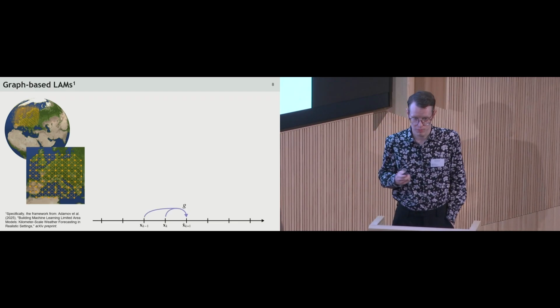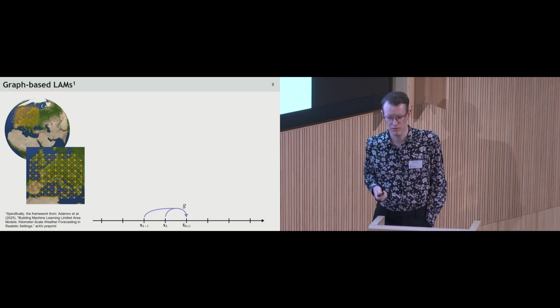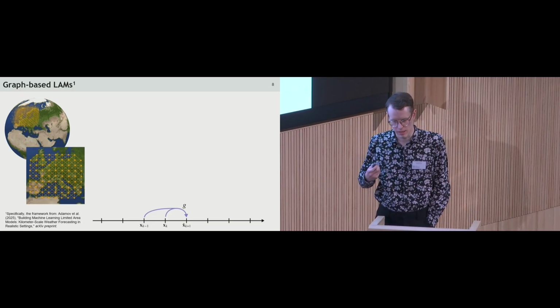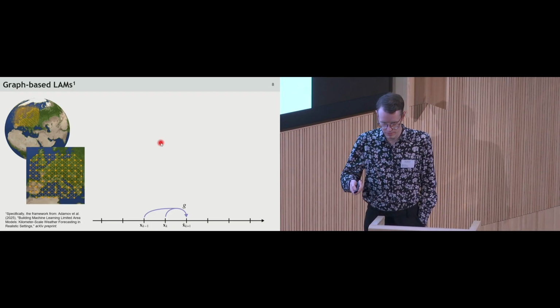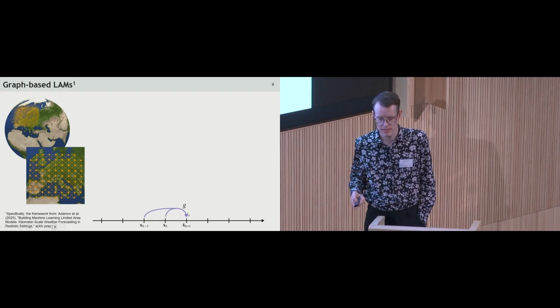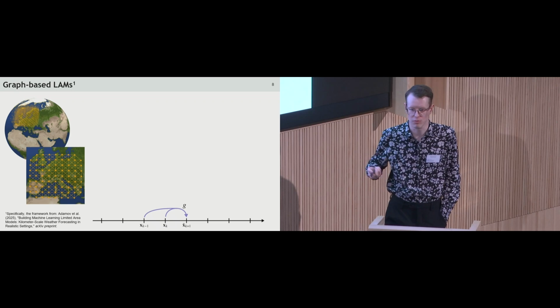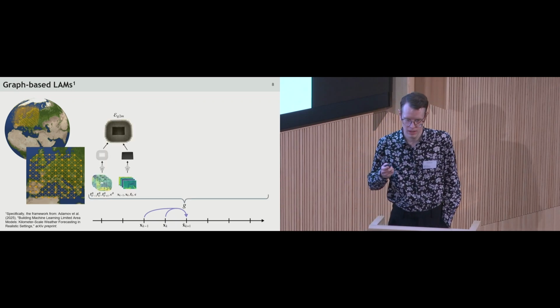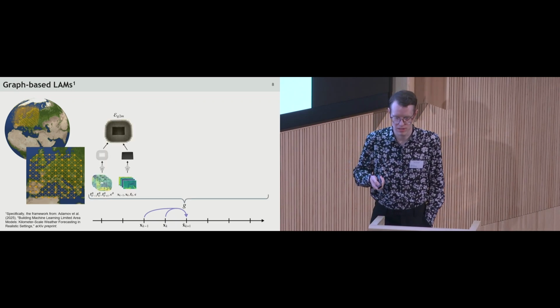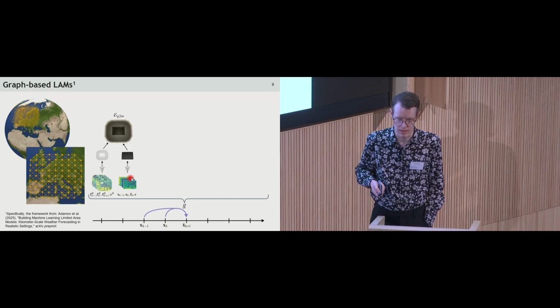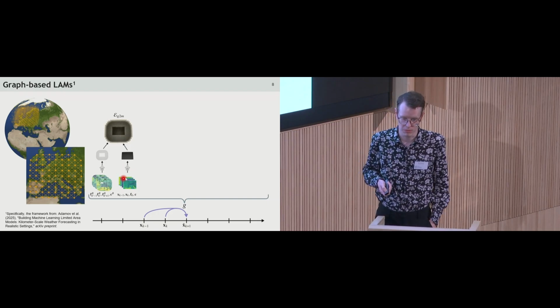So to perform a forecast for such a graph-based limited area model, we are learning this function G, mapping from 2 previous time steps to the next. And this consists of this encode, process, decode setup. So what we need to do here is that we don't just need to encode our initial conditions from within the region, but also this kind of boundary information.